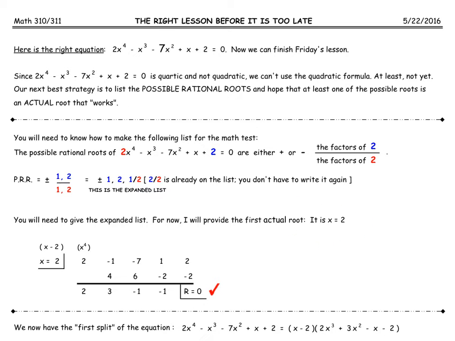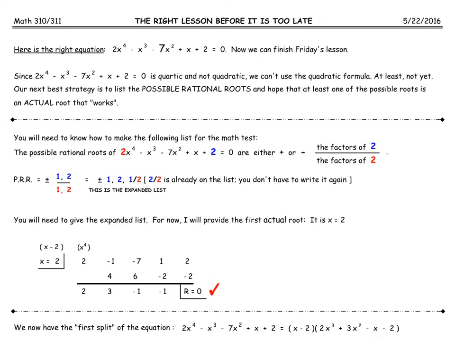So we learned how to use synthetic division. X minus 2 is the factor, x equals 2, positive 2 is the number we divide with for the shortcut purposes. We put the coefficients from x fourth to x cubed, here's the x cubed, negative 1, the negative 7, wish I knew that on Friday. The positive 1 came from the number in front of x, even though it's invisible, and the 2 came from the 2 on the end.